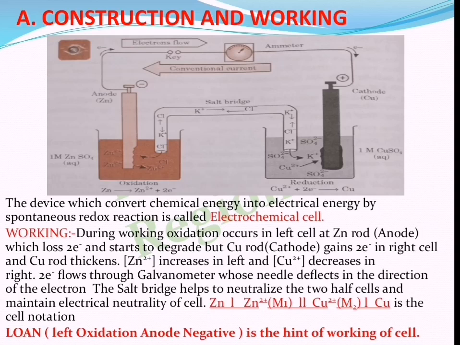Look at the diagram. It is very clearly observed that in the left half cell, the rod is dissolved. It is the zinc rod. This rod will be consumed and the electrons are lost by this rod. The electrons flow through the external circuit in this direction.